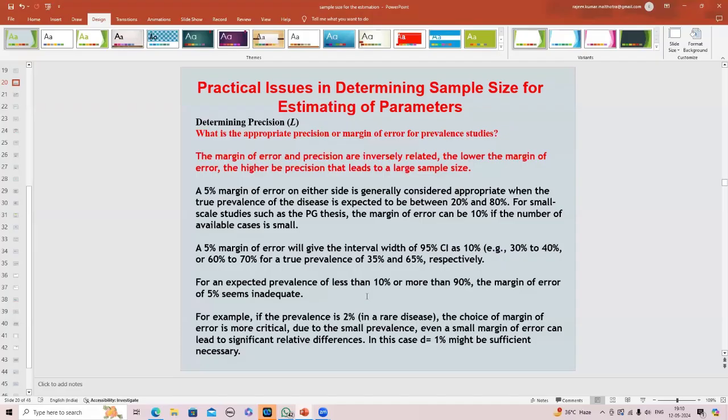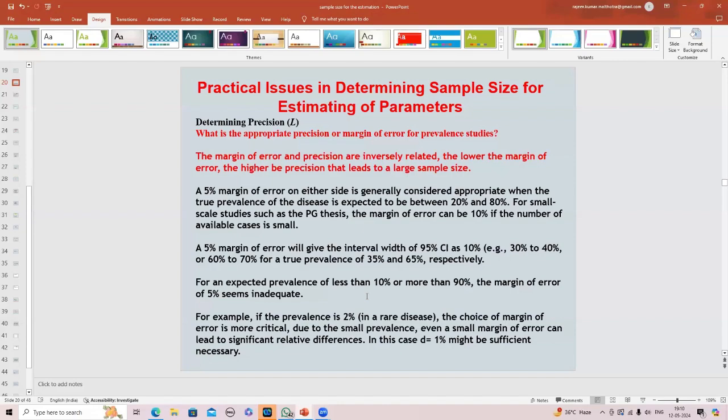But you have to take care: if you take a large precision margin of error, you have a wider confidence interval, so your reliability is poor. If you take a small precision margin of error, then your sample size is quite large and your study may not be feasible. You cannot do it for such a large number.